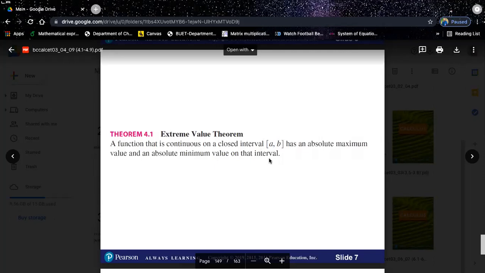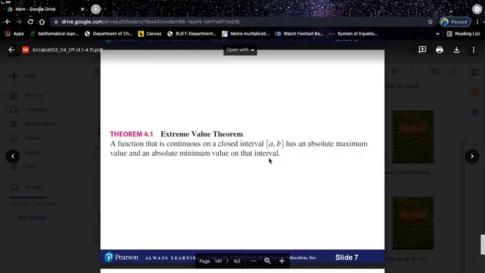Okay, the next thing it says, if a function is continuous on a closed interval, then the extreme value theorem says it definitely has an absolute maximum and an absolute minimum value on that interval.